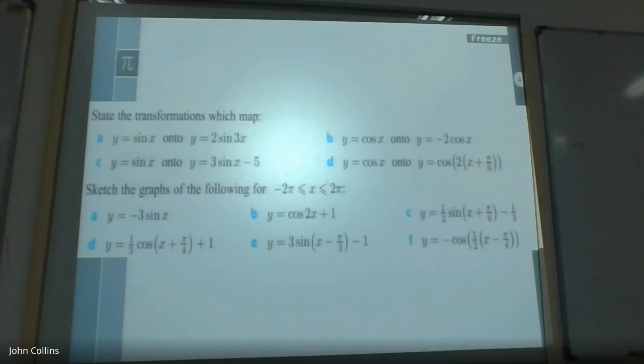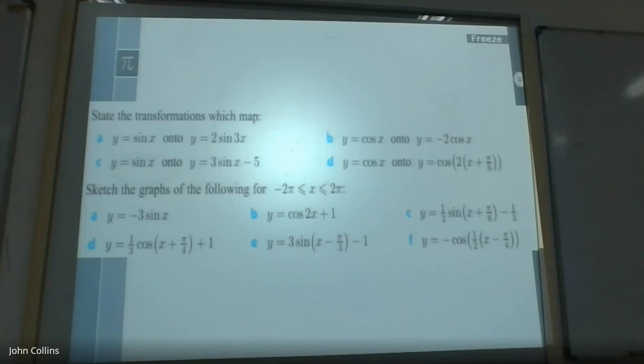Ready? 3 sine x minus 5. Vertical stretch by 3, and a translation of 5 units. Which direction?